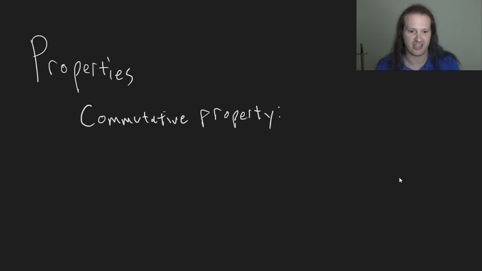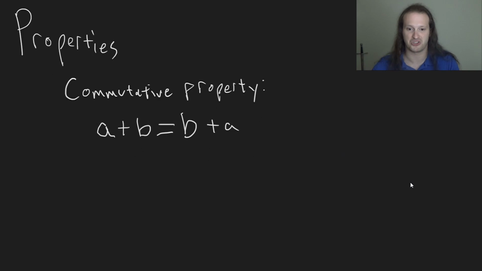We can take two numbers, let's call them A and B. A plus B is the same thing as saying B plus A. This is probably something that you've known, but didn't quite understand the strength of the statement. And it's important to know these things for when we start doing actual algebra with it.